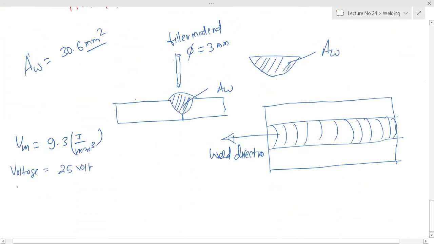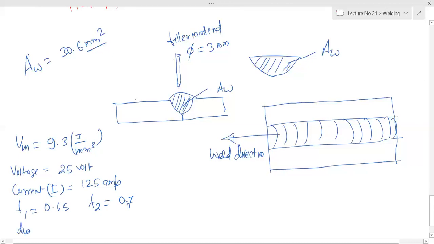Then current I is equal to 125 ampere, right? Then F1 is your heat transfer factor, that is 0.65, and F2 is 0.7, melting efficiency or melting factor.